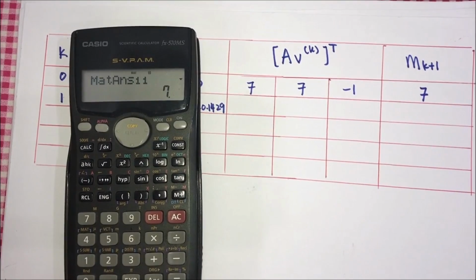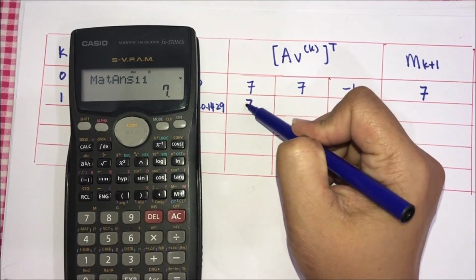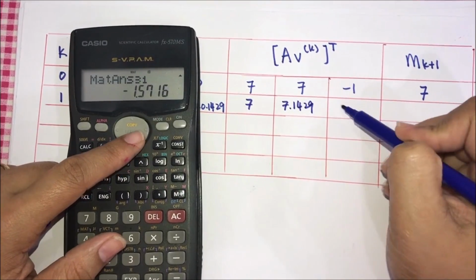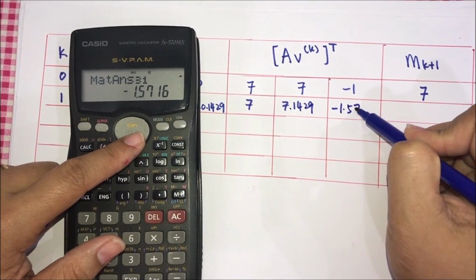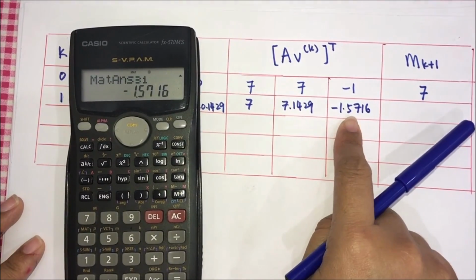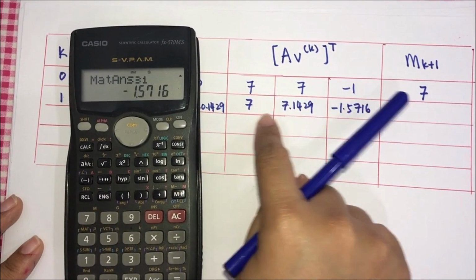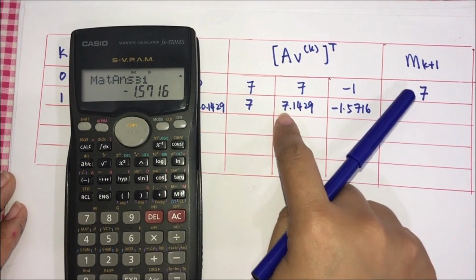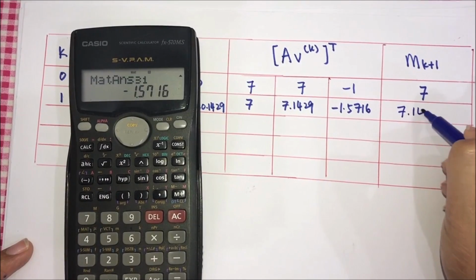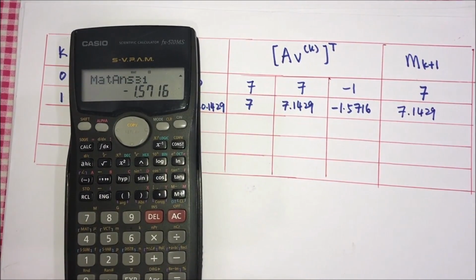So we'll get the values 7.1429, 7.1429, negative 1.5716. From these 3 values, the dominant value, the largest in modulus, is 7.1429.